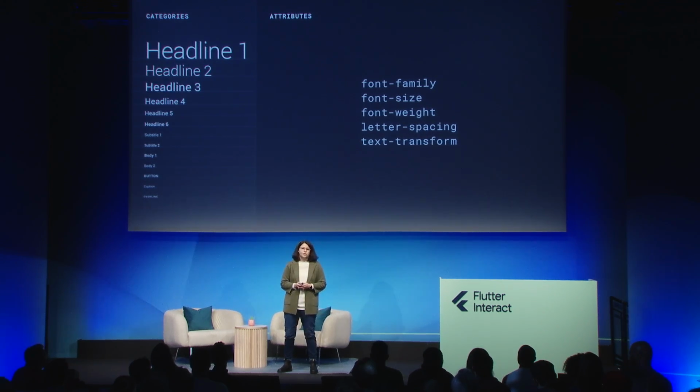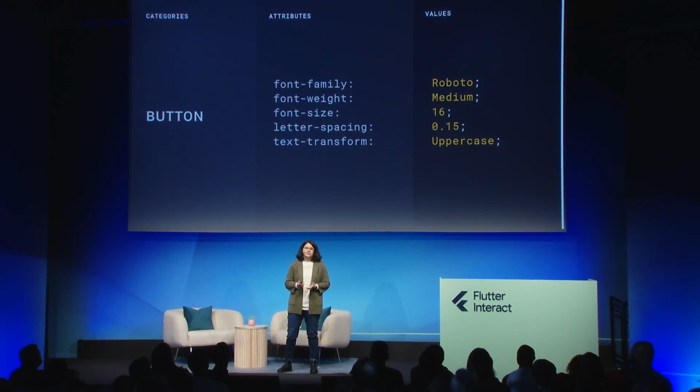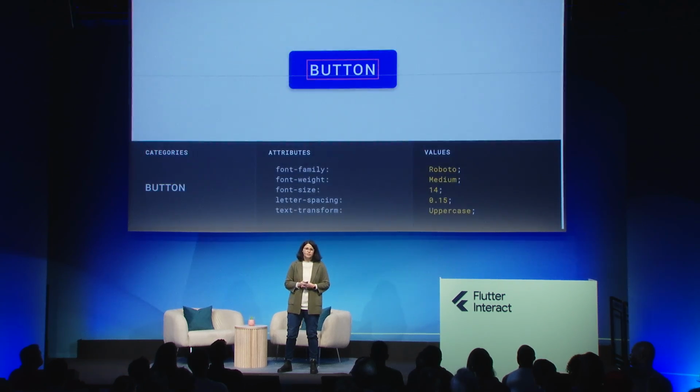So for instance, for typography, you have your font family, your size, weight, letter spacing, and case. And by default, we provide some values that we call our baseline material theme. So for baseline button, we have Roboto, medium, and at 16. And so here's all of those values applied to the button.